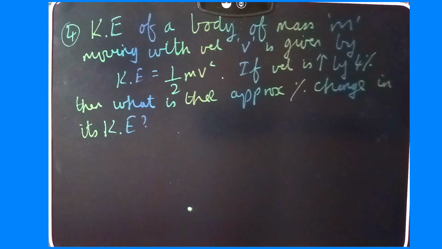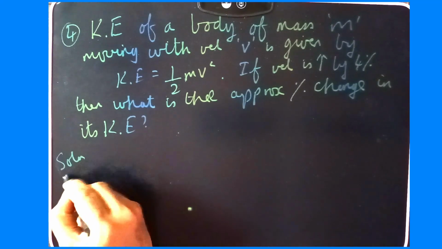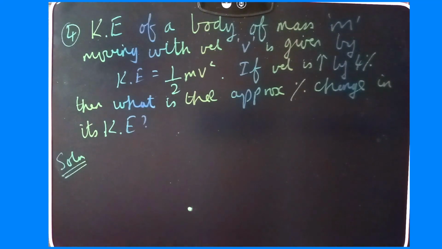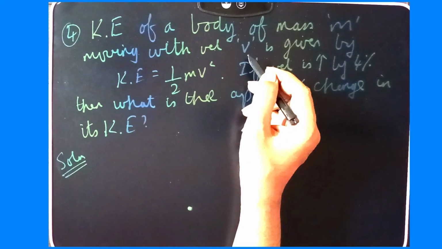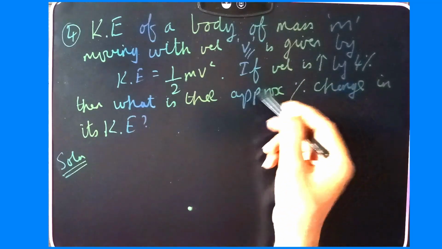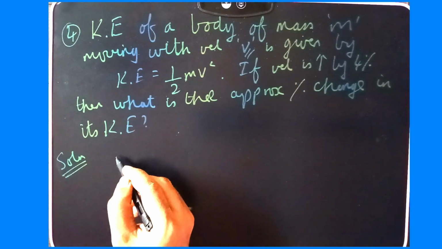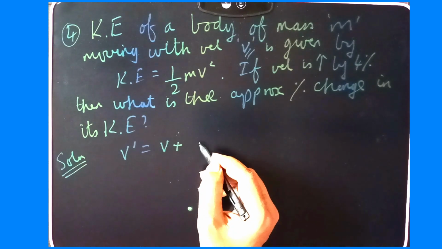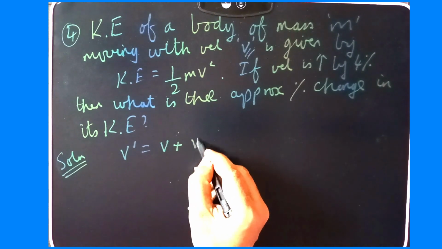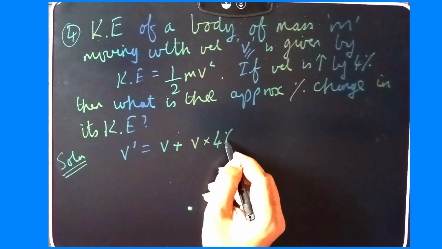So we'll try to solve this now. Let us try to solve it. Solution. So here velocity increased by 4%. Initial velocity, moving with velocity v. If the velocity now increases by 4%, the final velocity v dash will become equal to v plus v into 4%.